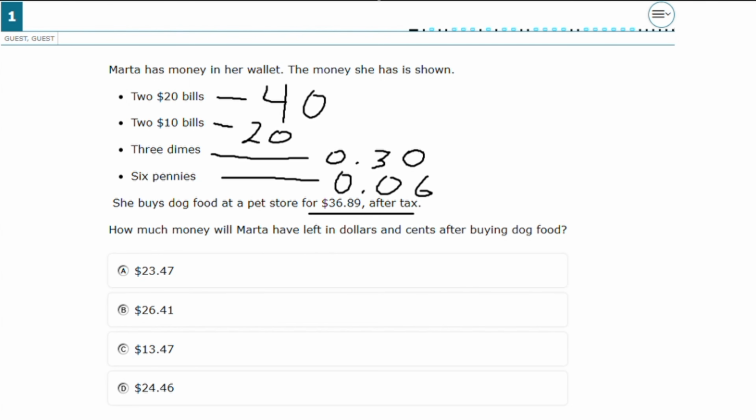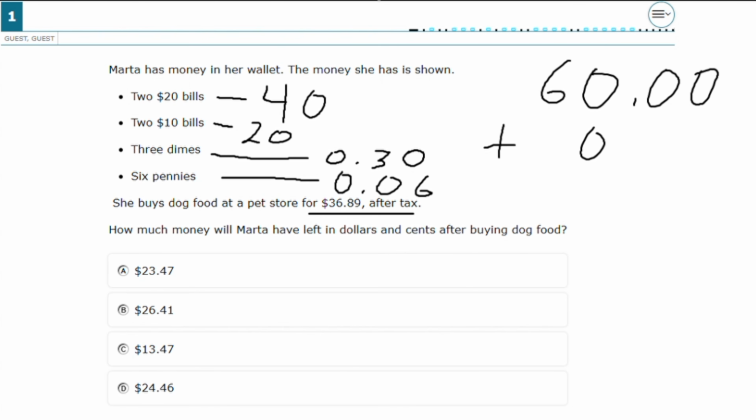She has 40 and 20, so 40 plus 20 is going to get us $60. Now, she also has 30 cents and 6 cents. In total, she has 36 cents, 0.36. We're going to add that to the $60 we have.